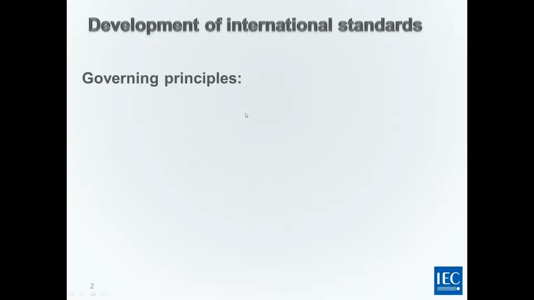First of all, let's talk about the main governing principles regarding the way we have to develop standards in the IEC. One of the main principles is transparency. By transparency, I mean, for example, not starting a development project without having clearly informed all the key members of the technical committee.